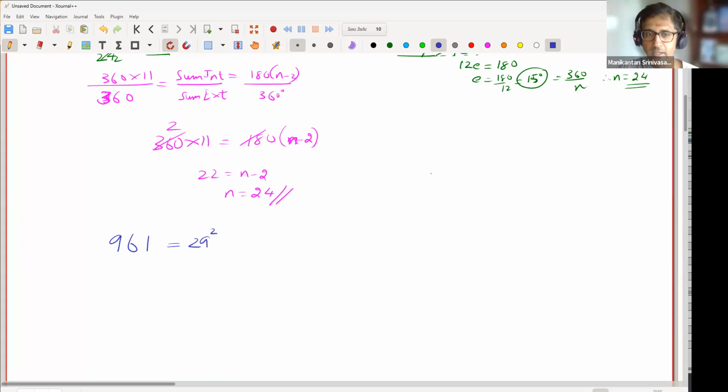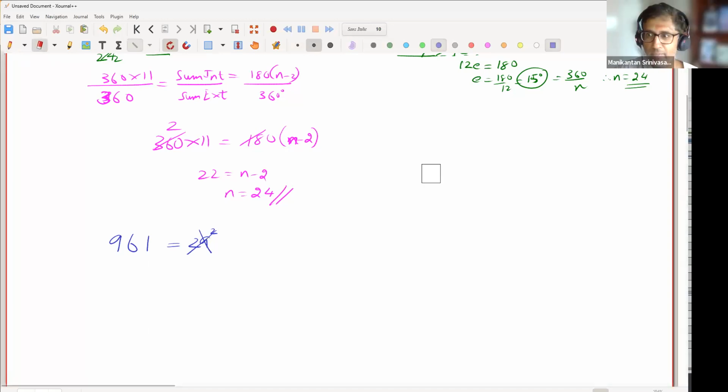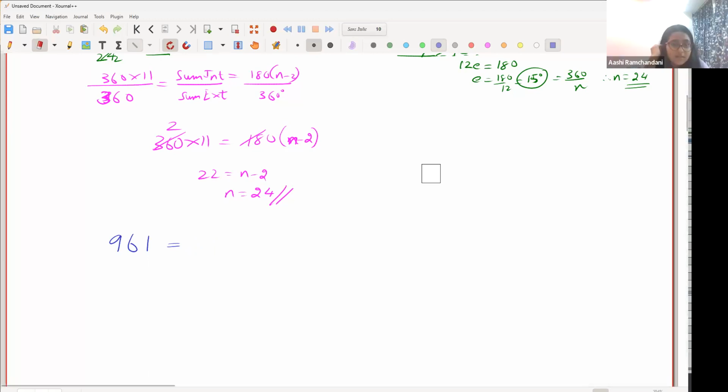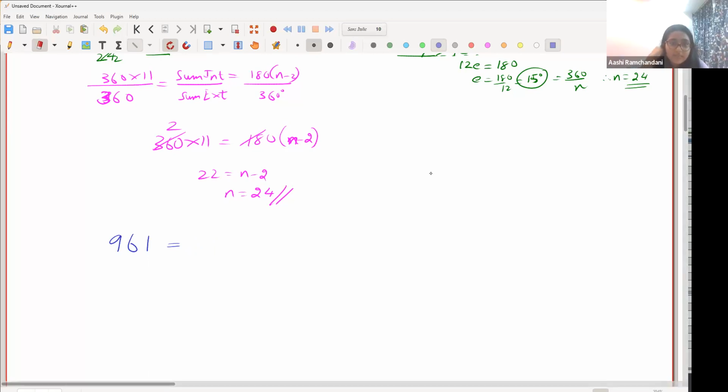She agrees. Okay. No, it is wrong. Ashi, your hand is up. 31 square. Okay, sorry. Multiple people answered. Ashi, you said 31 square as well? Yes. And then Akshaj, you corrected it to be 31 square as well, I guess. Is that what you did, Akshaj? Yeah. Okay. All right.